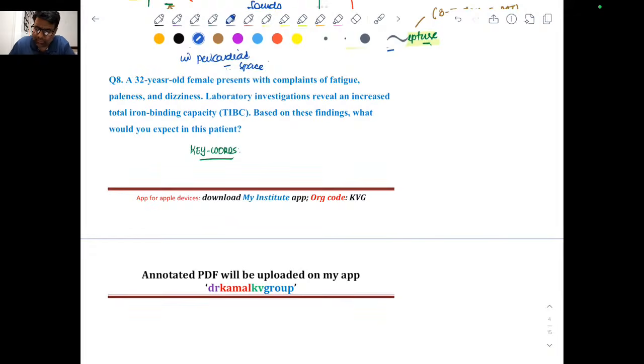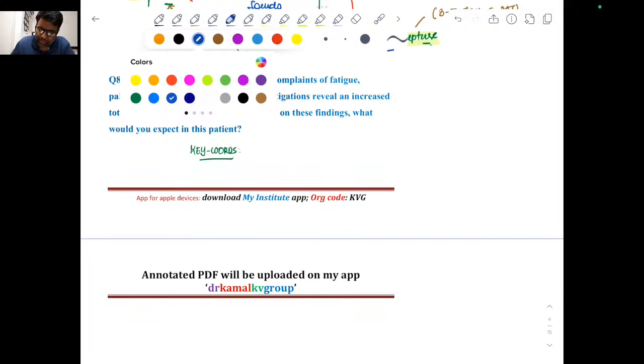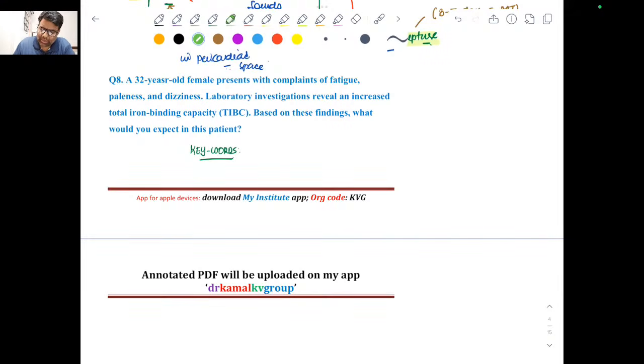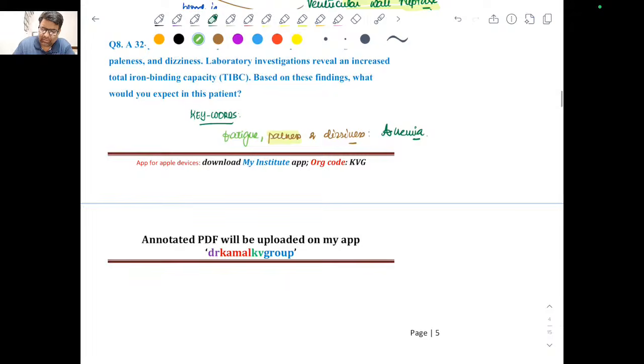So the patient is having fatigue, paleness and dizziness. The moment you find this word paleness, think of anemia, right? So think of anemia. Now what is happening here?